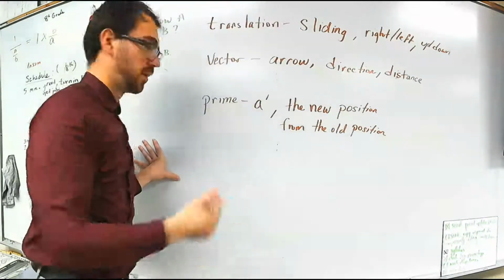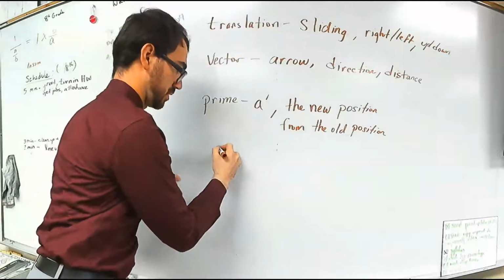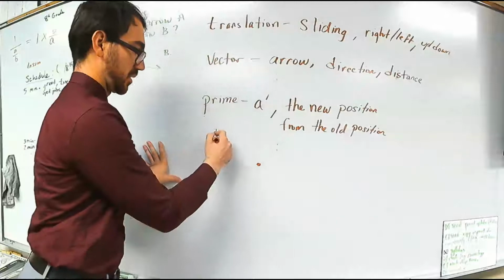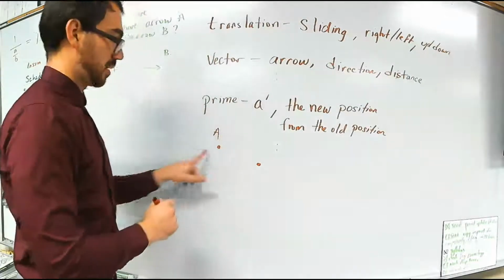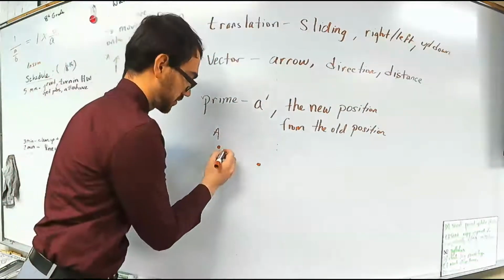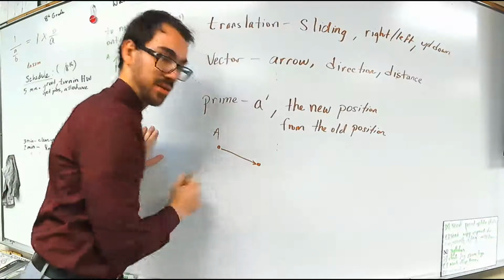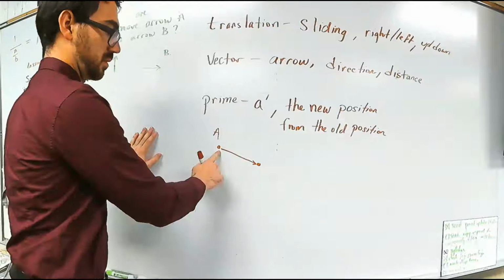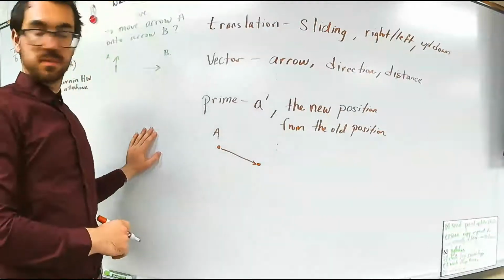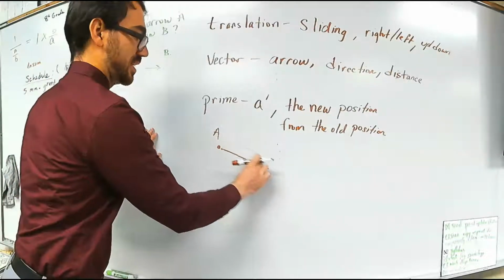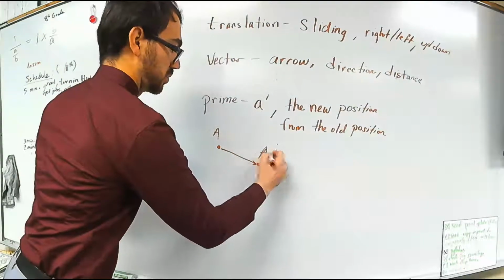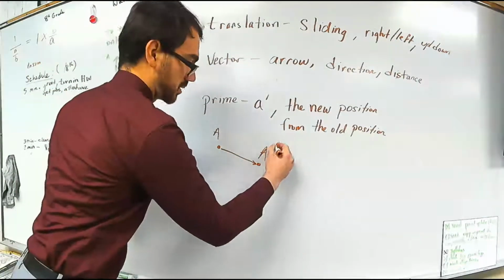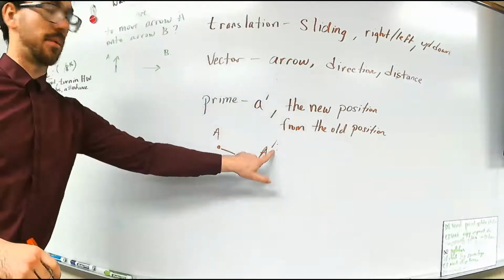So if I move from, let's say, this point to this point, and this was point A, if I moved here, so let's put our vector showing us the direction and the distance, right? So our vector, and we are doing a translation to this new point, which we can call A, because it's the same point, just moved somewhere different. We call it A prime.